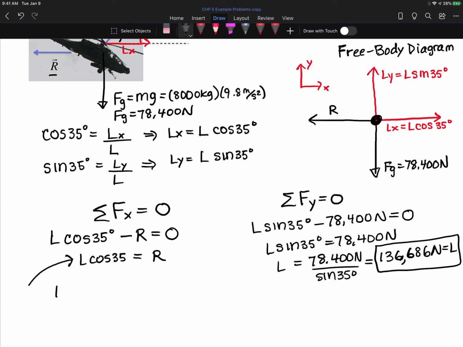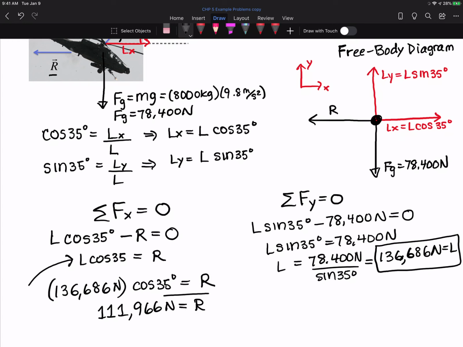So my lift is the value that I found, and if I multiply that by cosine of 35 degrees, that's going to give me the resistive force. And so when I do that, I get 111,966 newtons. So now I have my resistive force as well.